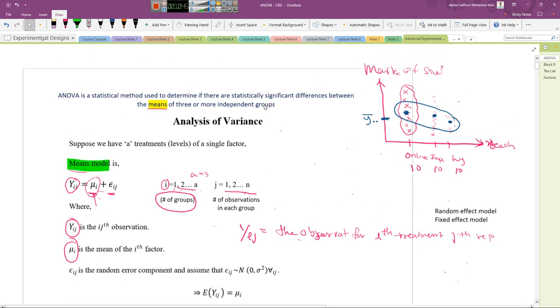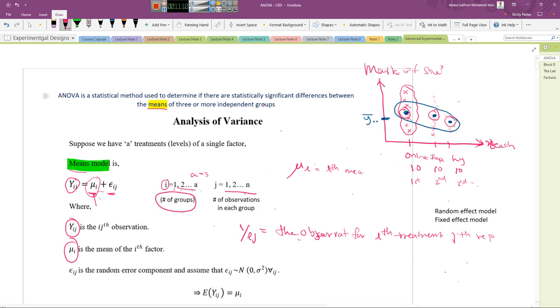For example, this is my first mean, this is my second mean, this is my third mean. So mu i is the ith mean.